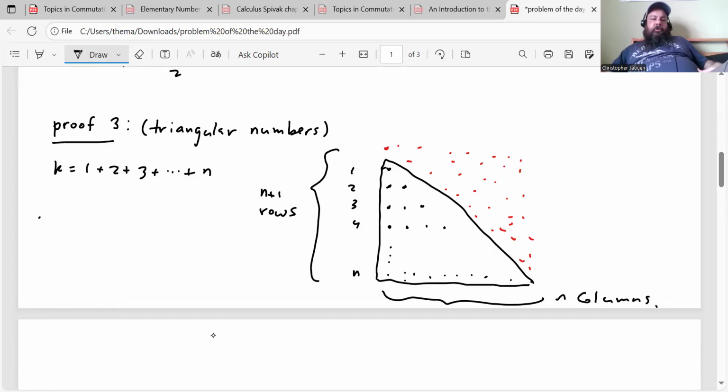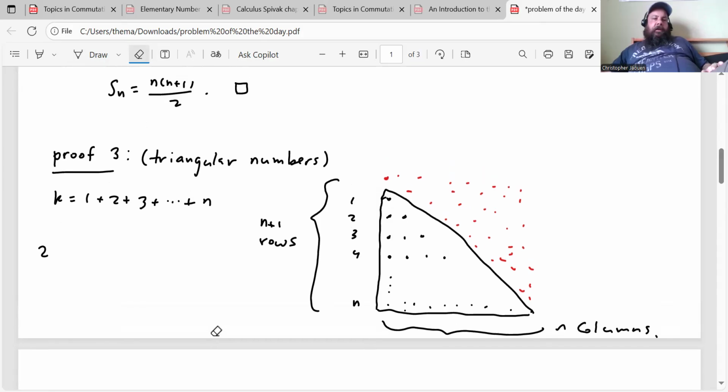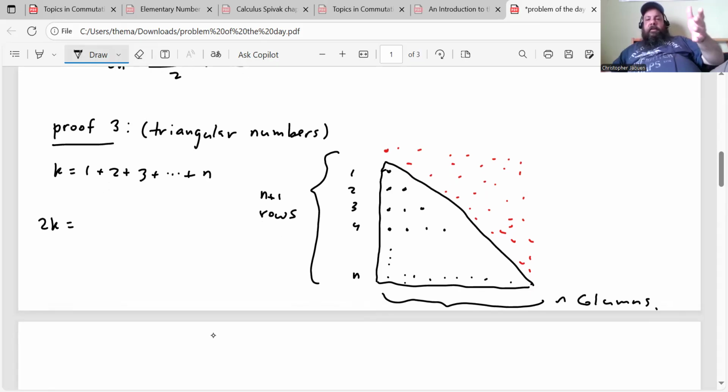So we have 2k dots, because we took a copy of the k dots. And the number of dots in the rectangle is n plus 1 times n, obviously. So n times n plus 1.